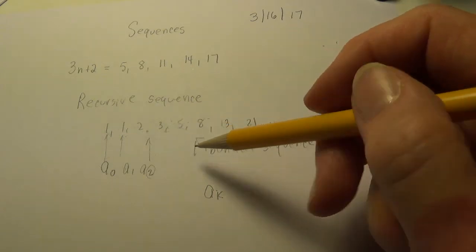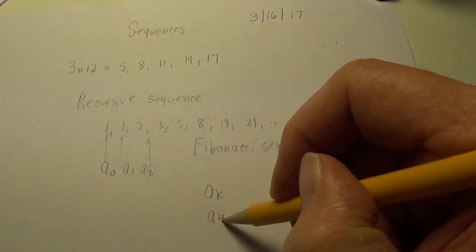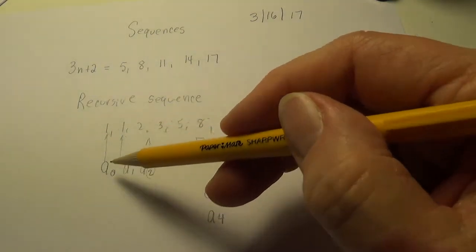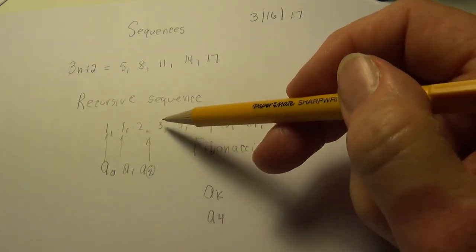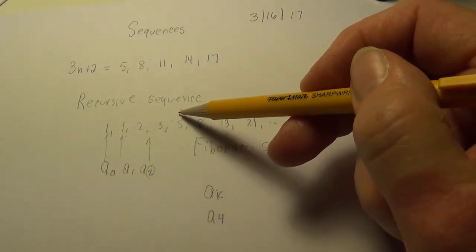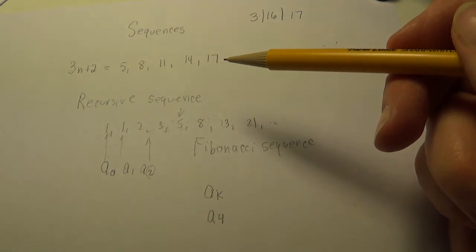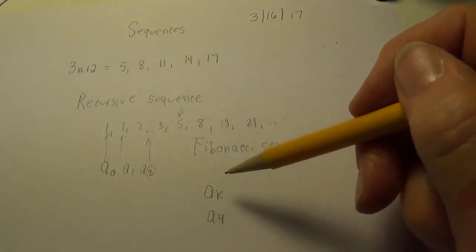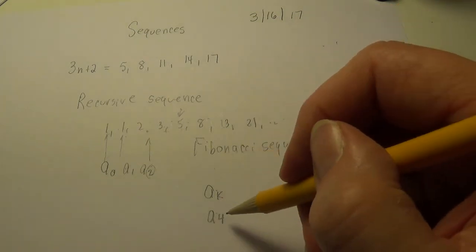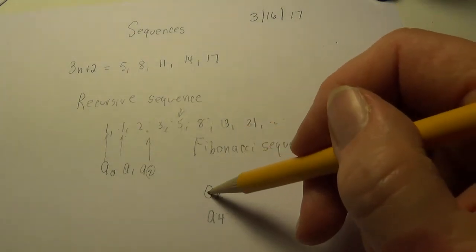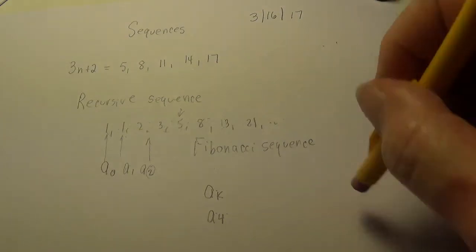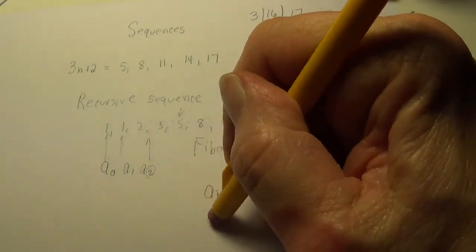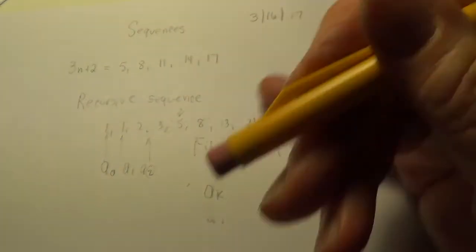So, for example, this is a sub 0, a sub 1, a sub 2, a sub 3, a sub 4. This would be my a sub 4 term, which is a 5. So the 4th term. Or a sub k could be 9. So when it's k, it's variable. That's why we call it a variable. But that's the kind of thing that it's standing for.